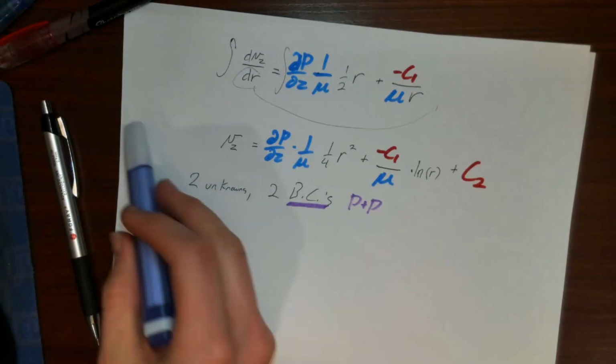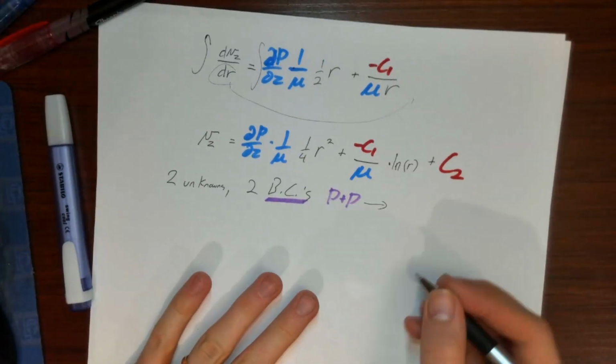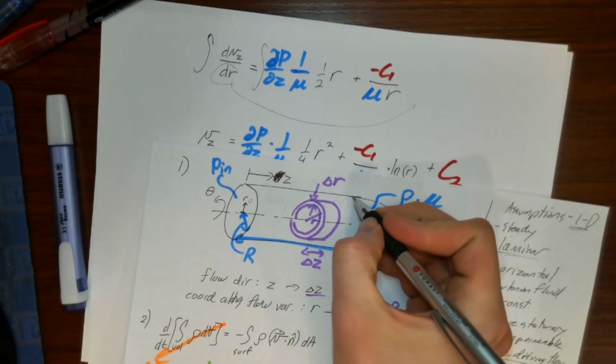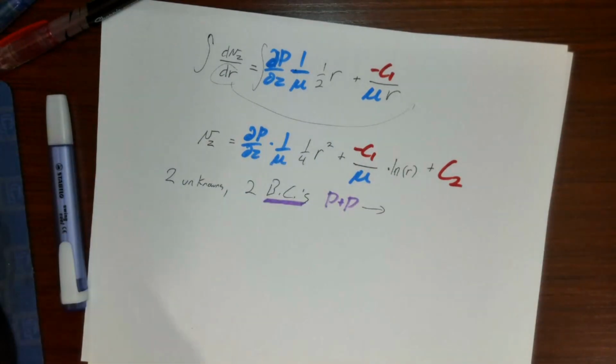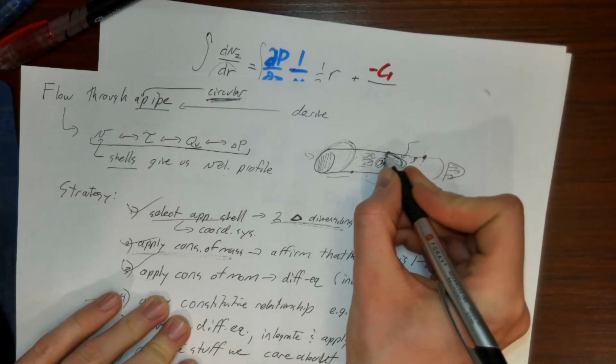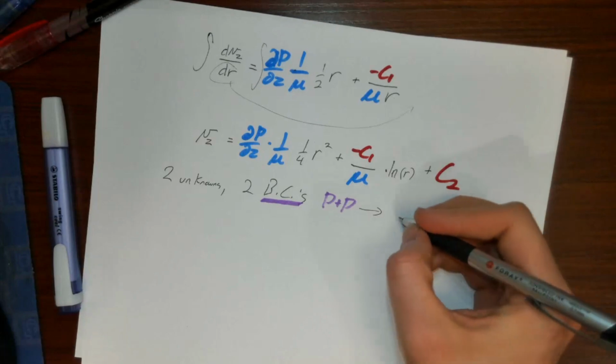All right, so the easy one is at this outer surface right here, or at this outer surface of the pipe right here. We basically know that the fluid velocity has to be 0 right at this outer surface. So what does it mean?